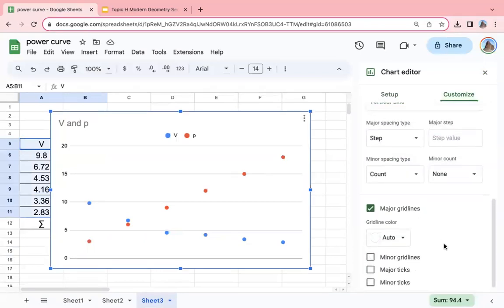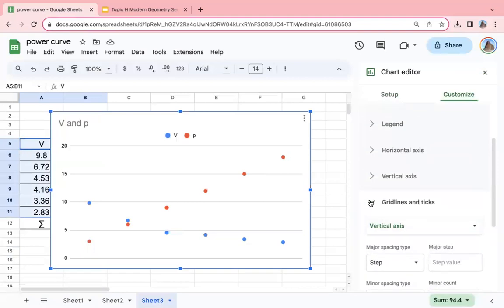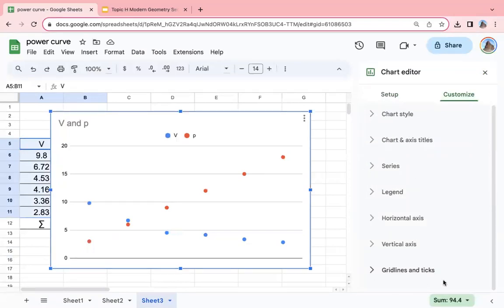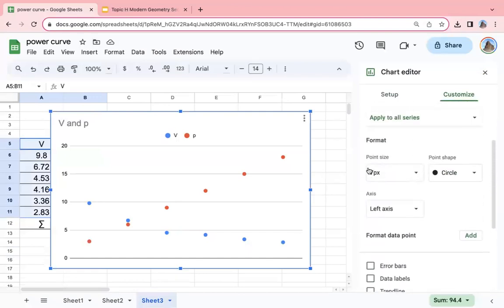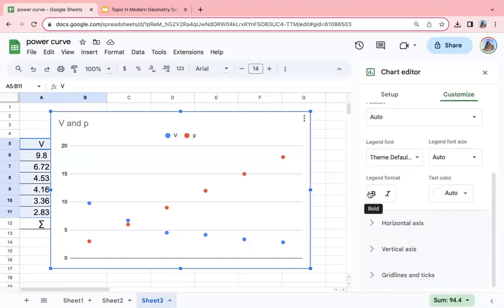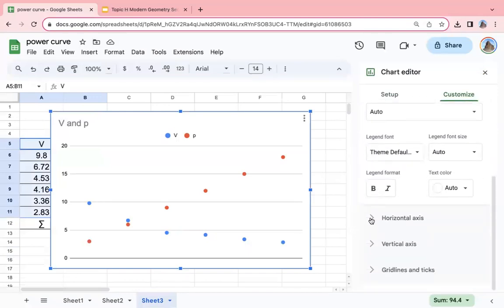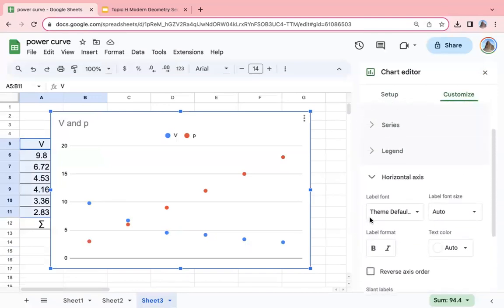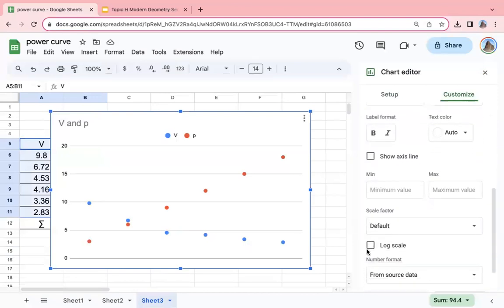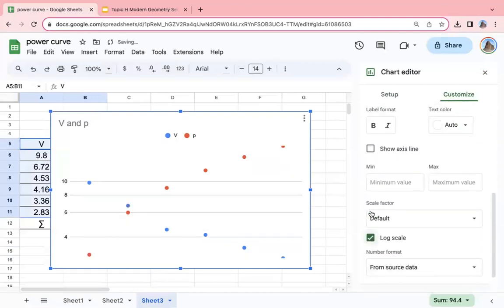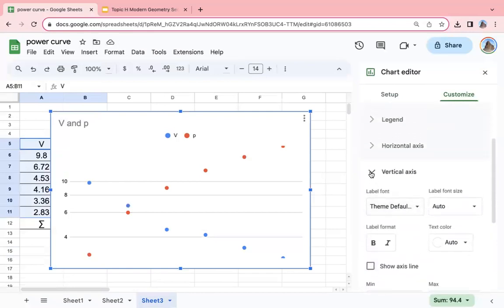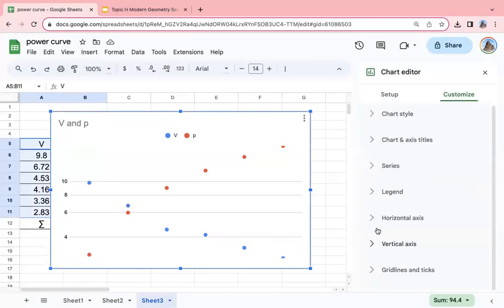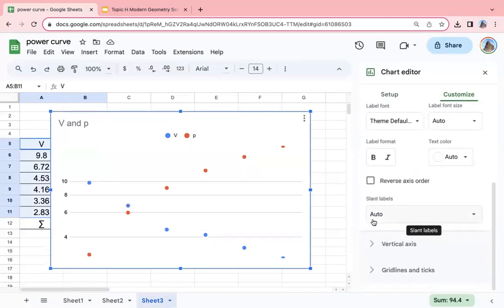I'm looking for the logarithm, the series, the legends. What I like about this, there you go, log scale. And you can just highlight or only show the one that you only need.